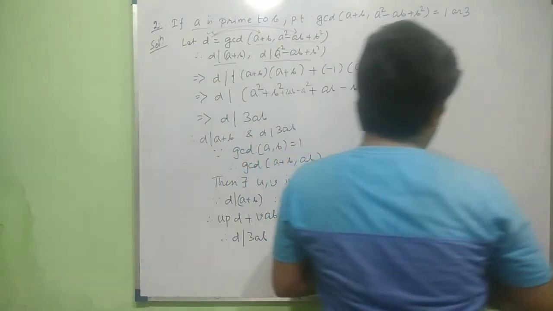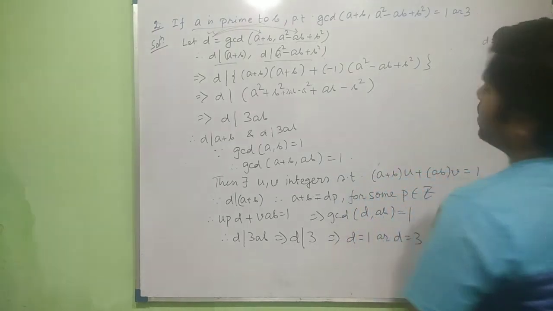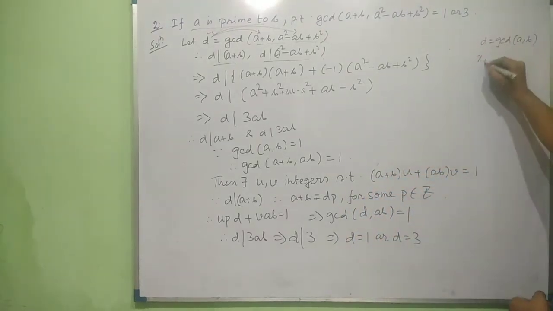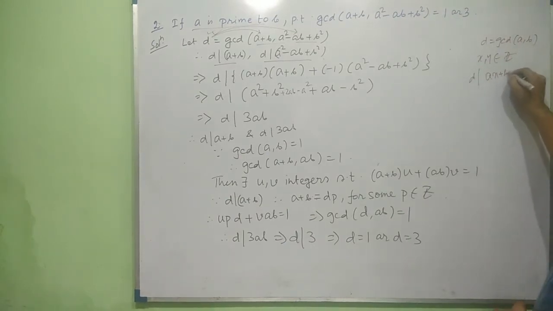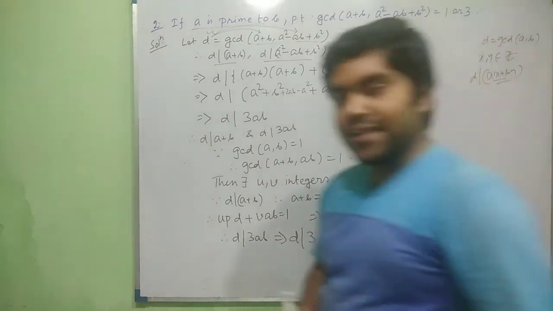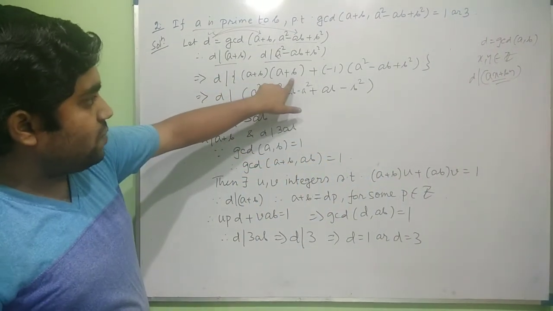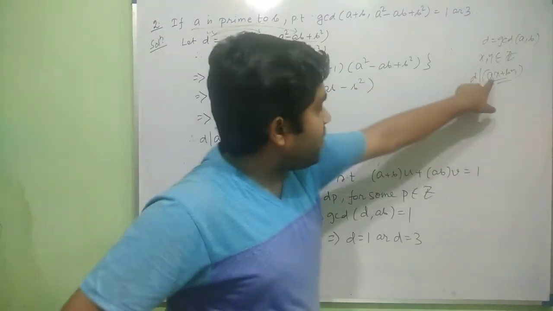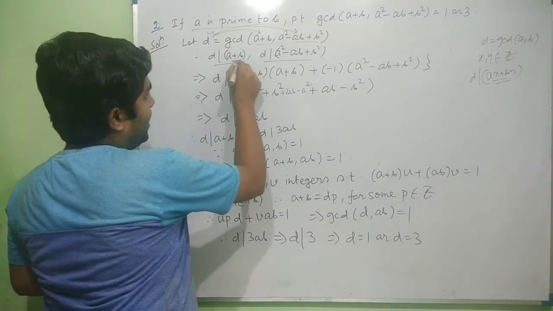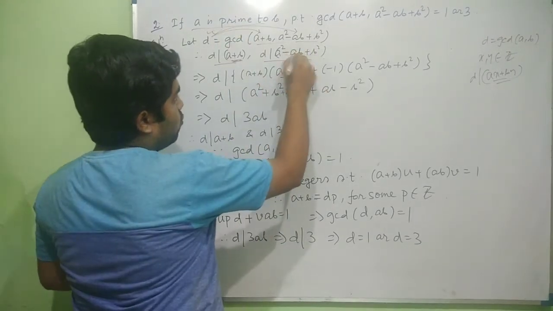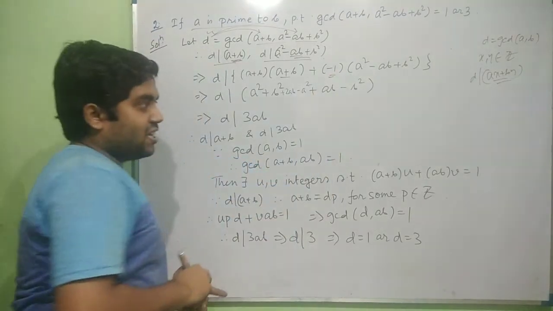We all know that if D is the GCD of any two integers, then for any integers x and y, D must divide ax plus by. From that we can state that D can also divide A plus B into A plus B. That is, the value of ax is A plus B multiplied again by A plus B, and A square minus AB plus B square is multiplied by the integer minus 1.